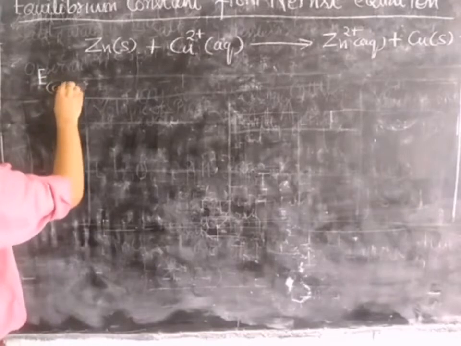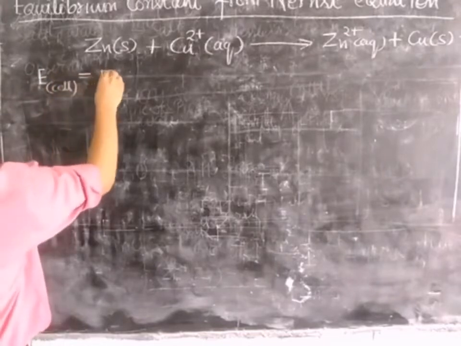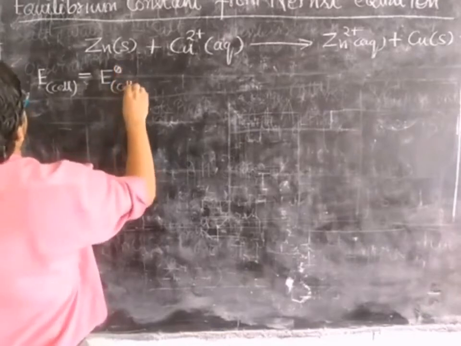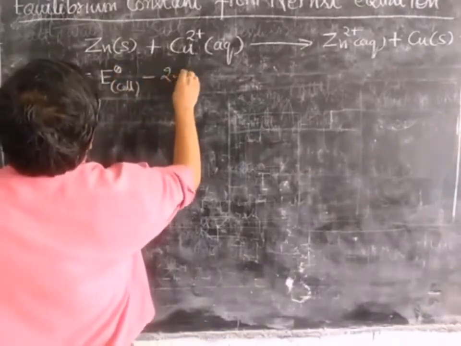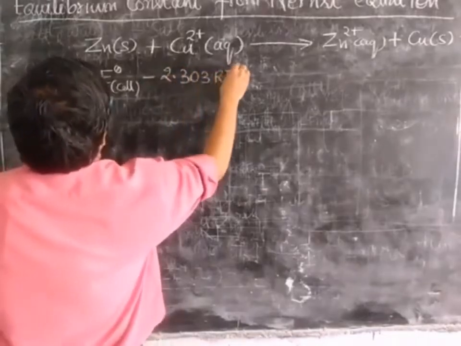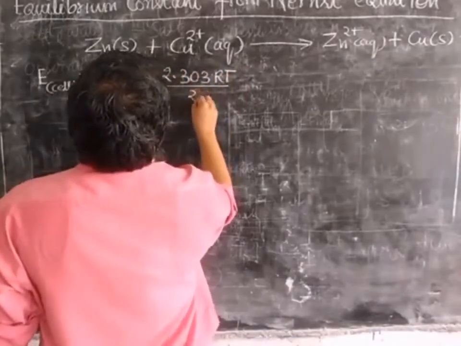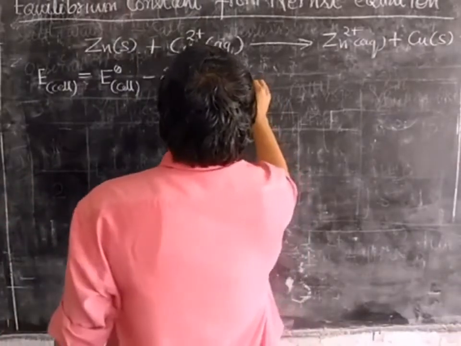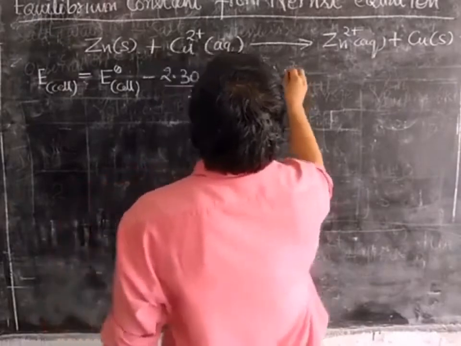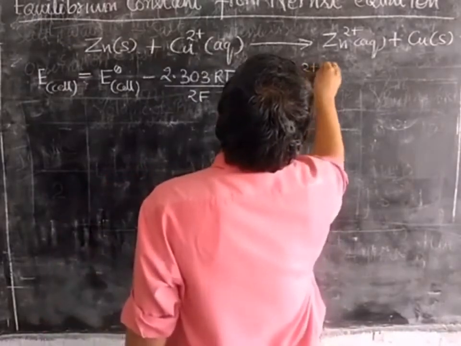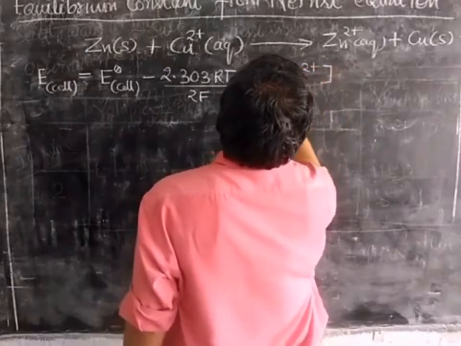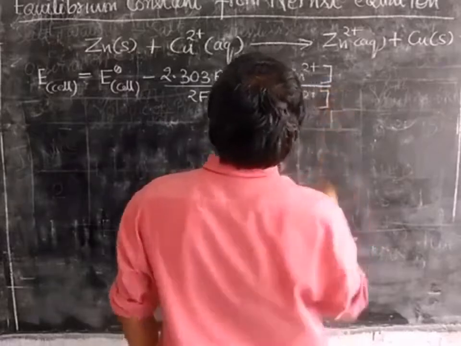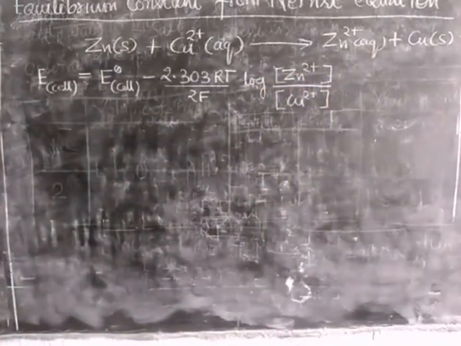EMF of the cell will be equal to EMF standard of the cell, and then we will be using 2.303 RT by 2F, and we all know this equation, and then we have log of Zn2+ and Cu2+, like this, concentration terms.